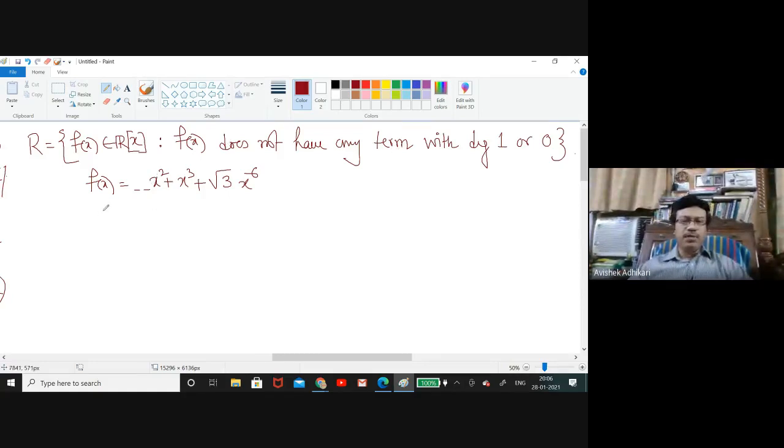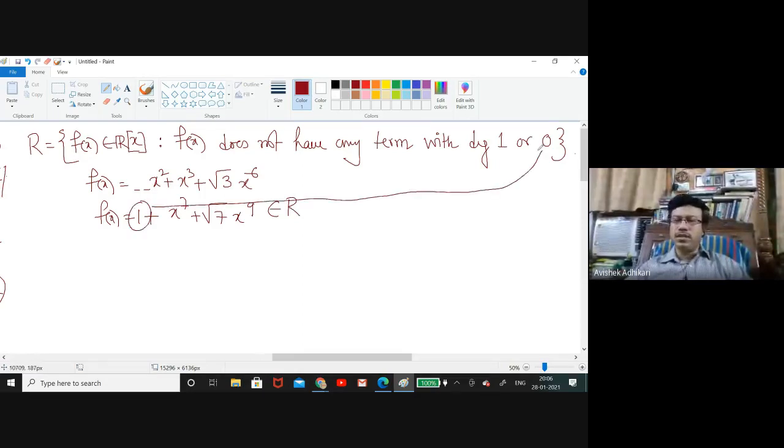But if your f(x) is 1 plus x to the power 7 plus root 7 x to the power 9, then this does not belong to R, because this term is of degree 0. So I want all polynomials which do not have any term with degree 1 or degree 0. Now it's clear to you.